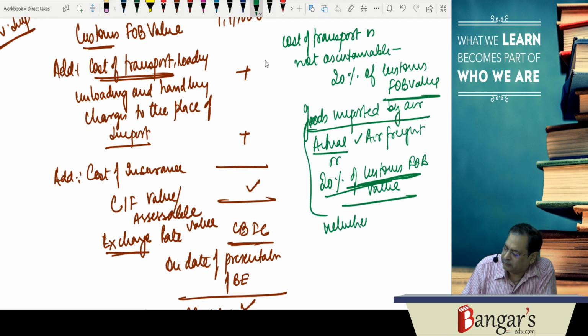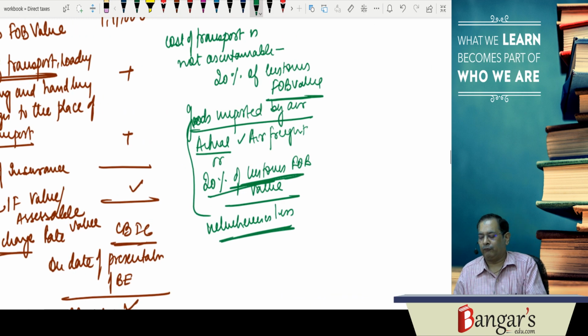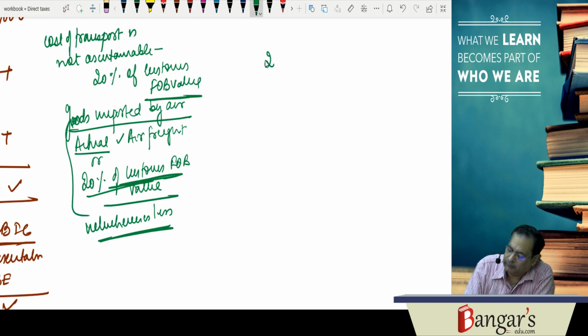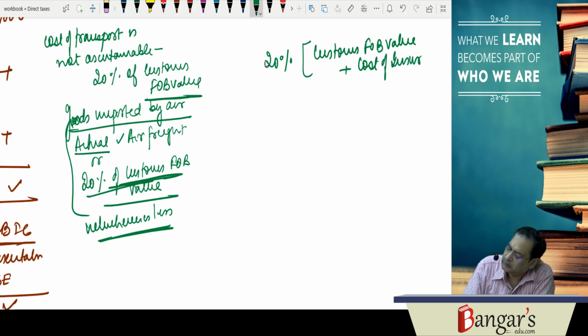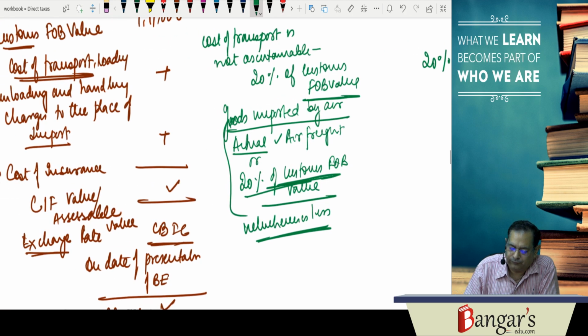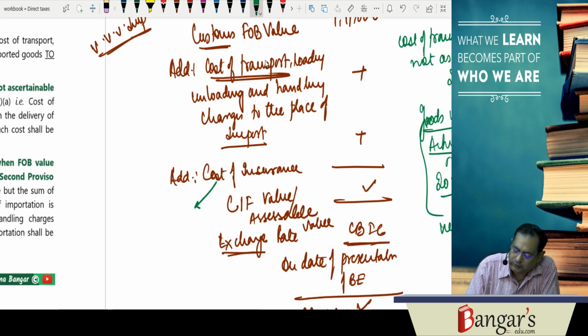Air freight cannot exceed what? 20% of the customs FOB value. And if the FOB value is not ascertainable, it will be what? 20% of the customs FOB value plus cost of insurance, if the same is ascertainable. And in case of insurance charges, if not ascertainable, it will be 1.125% of what? The customs FOB value.